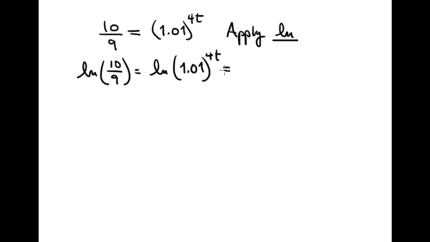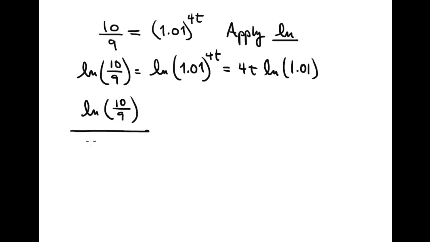I apply a property of the logarithm. This exponent goes to the front, 4t times the natural logarithm of 1.01. Now solve for t. It is ln of 10 over 9 divided by 4 ln 1.01 is equal to t.